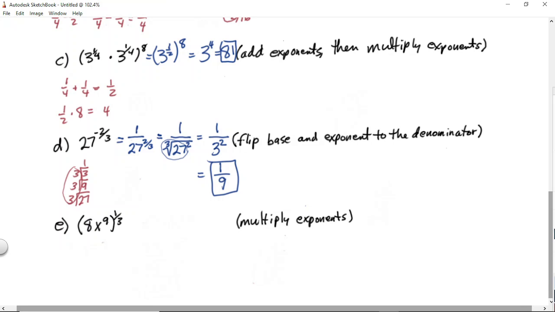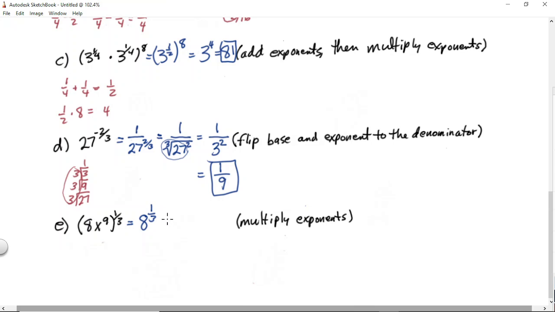Okay, one more. So this time we're going to multiply exponents. And we have to remember this 1/3 applies to both things in the parentheses. So you have 8 to the 1/3.